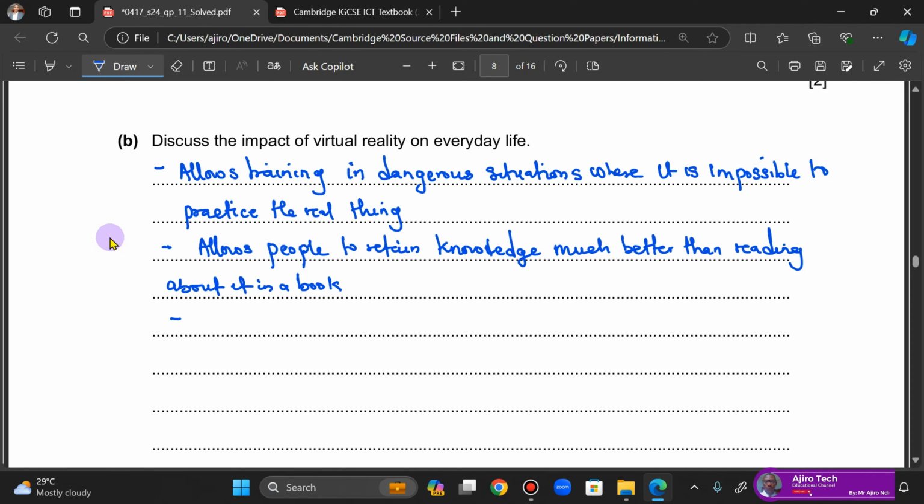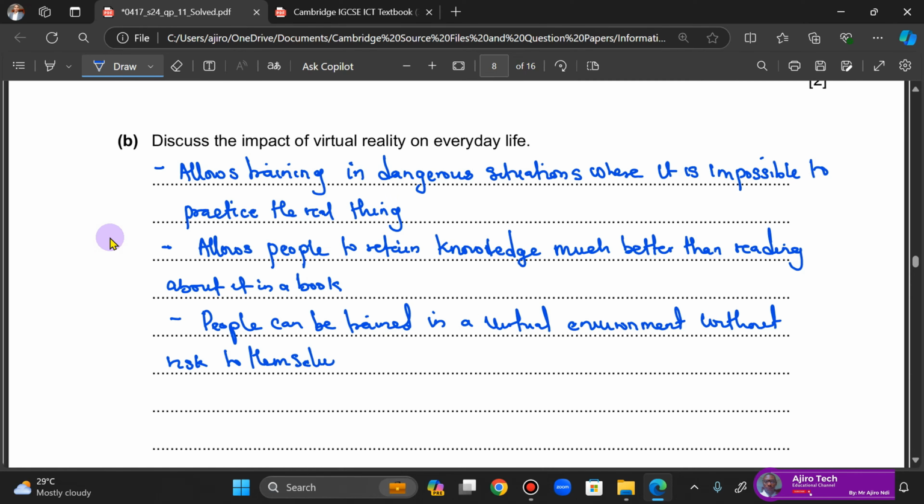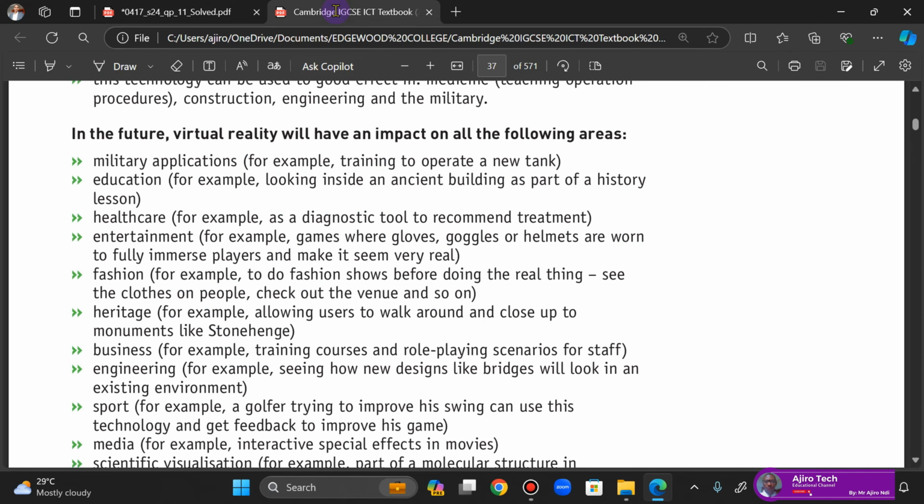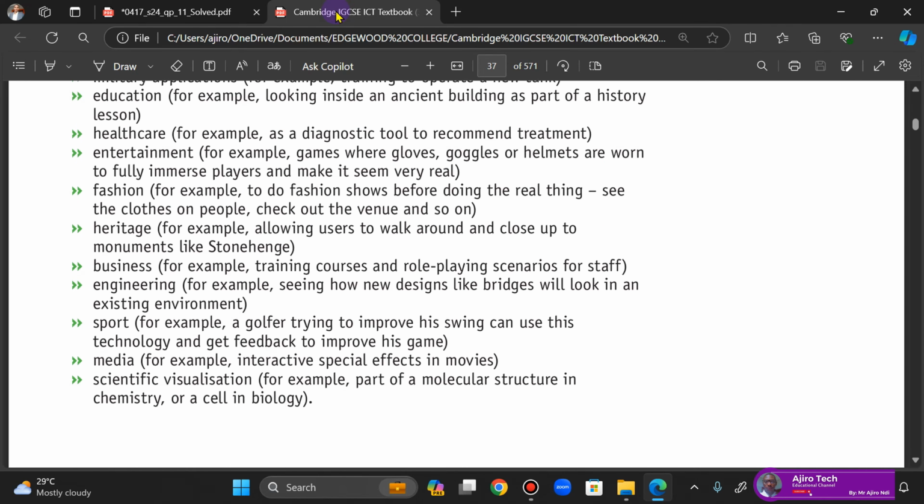Another one is that people can be trained in a virtual environment without risk to themselves. So all these are right here.